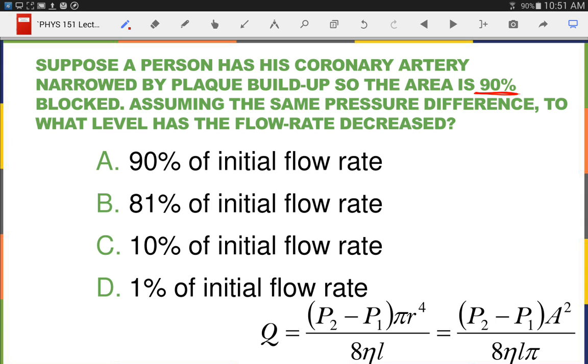And so we can use this equation to figure out how much flow he had through these coronary arteries. If it was 90% blocked, that means the area was only 10% of what it had been. How much blood flow did he have going through that artery compared to the normal blood flow, assuming the pressure is the same on both sides?